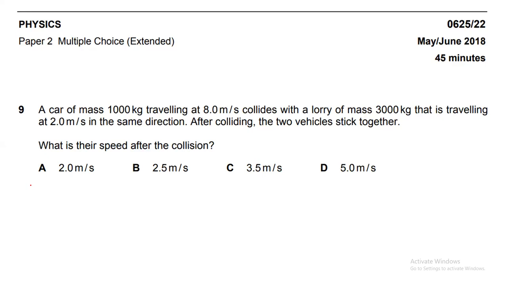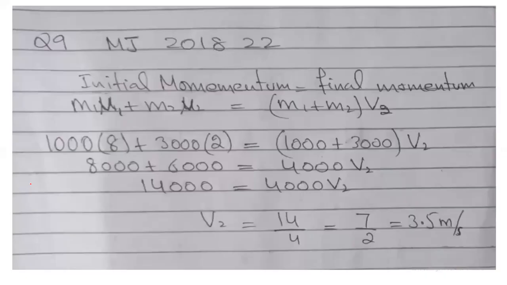So M1 U1 plus M2 U2 will be equal to, because when the cars stick together, their total mass multiplied by V2. So M1 is 1000, its velocity is 8, plus 3000 multiplied by 2 is equal to the total momentum when they stick together, which will be 1000 plus 3000 into V2.